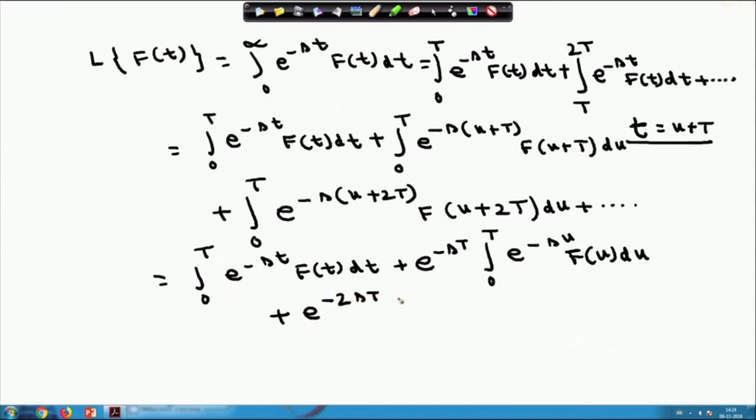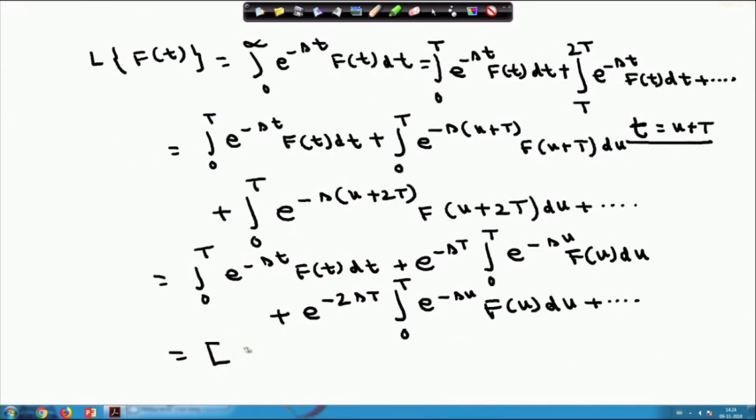So, e power minus twice sT, 0 to T e power minus su into f(u) du, and it will continue like this. So from all of them, now if you see, you can take common this integral, that is 0 to T e power minus su into f(u) du. This I can take common from all the integrals.